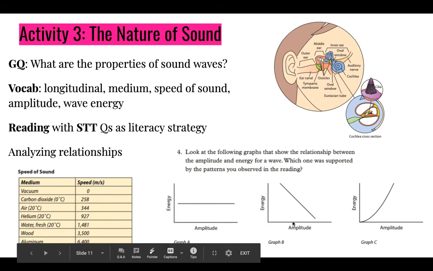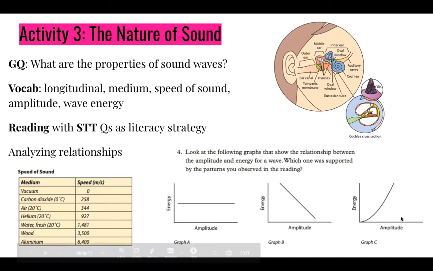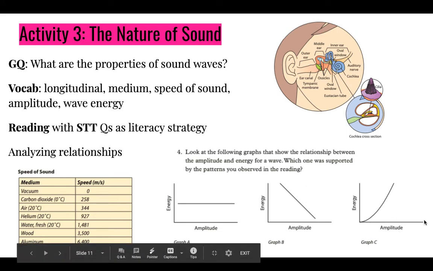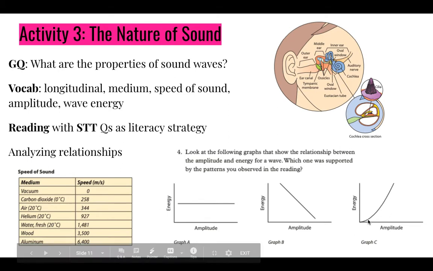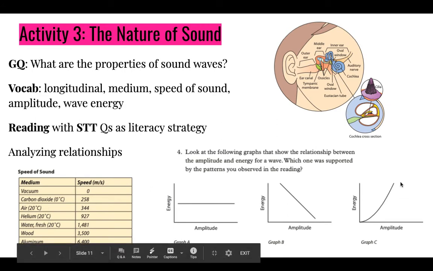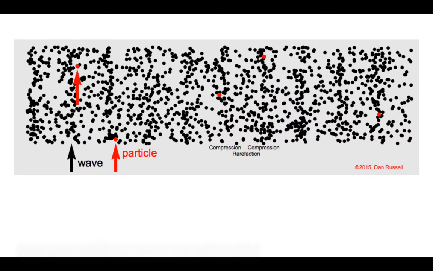This one shows you as amplitude increases, energy decreases, and that is not true. And then this one shows you as amplitude increases, energy has this curve of increase, and that is the correct answer. So with the reading, you notice that it wasn't a linear relationship, that as the amplitude increased, the energy increased even more.